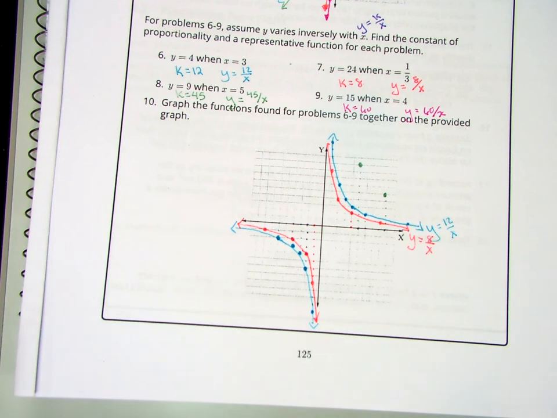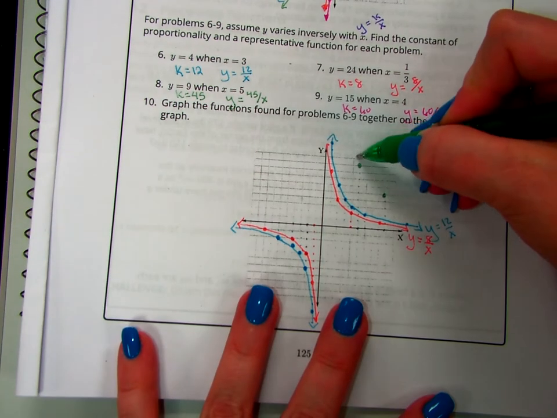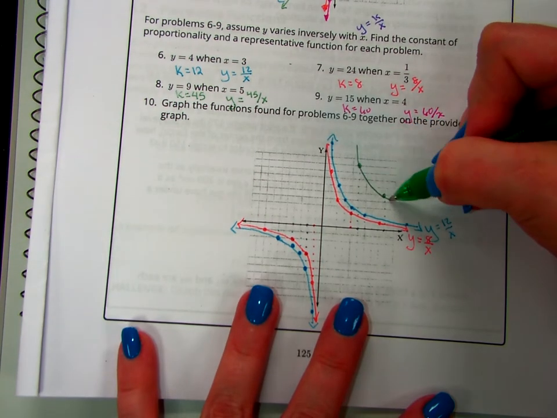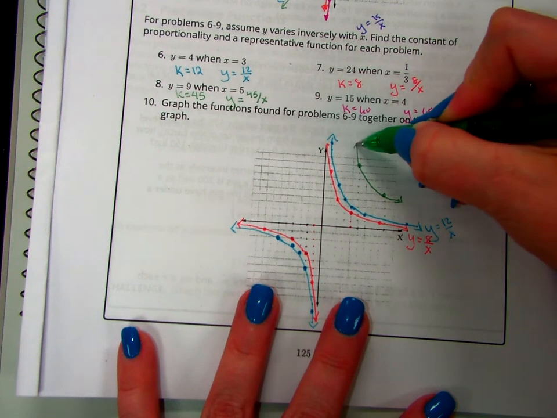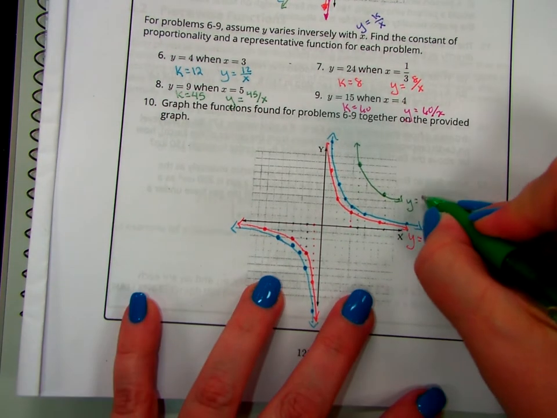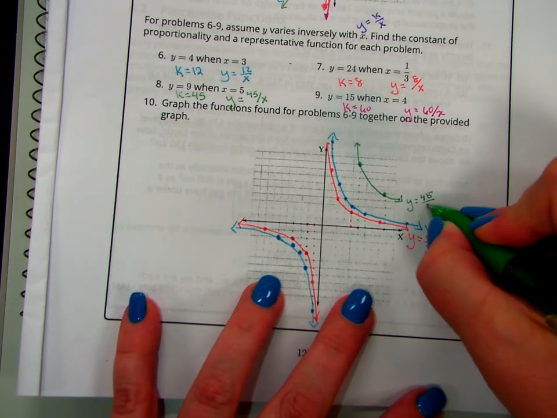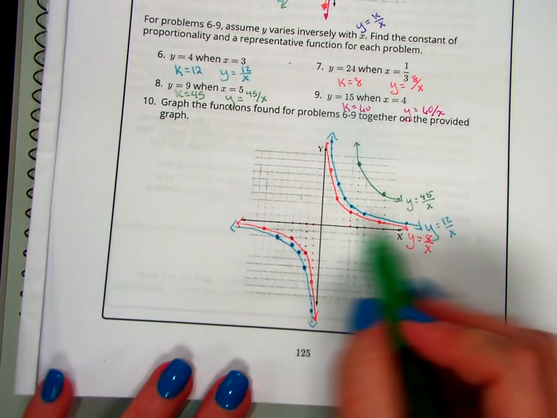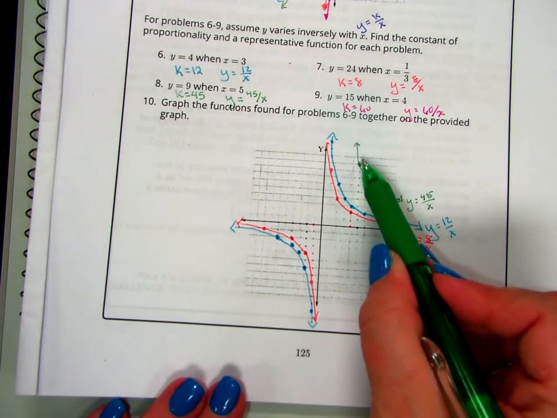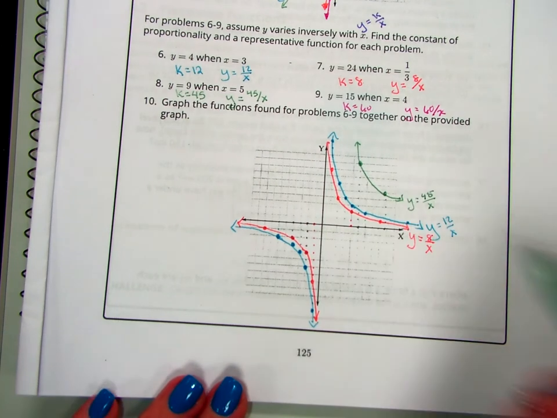There's no other points that will fit on this graph, but even though I only have 2 points, I know my shape is not going to be linear. It's still going to curve just like before. So it's going to look something like that. Y equals 45 over x. And now I still need this side.